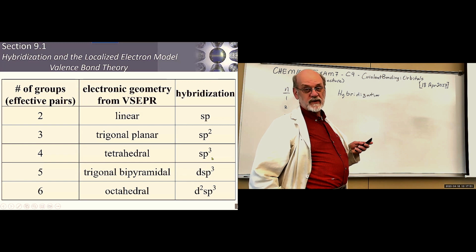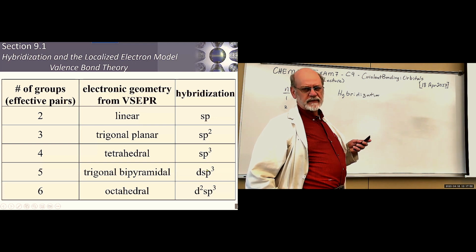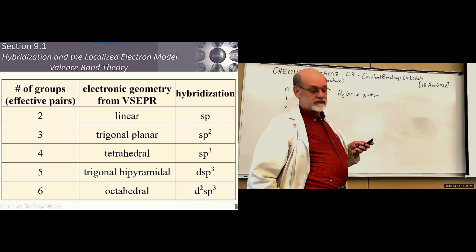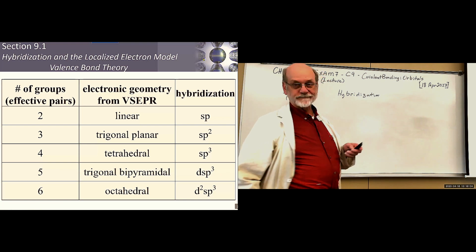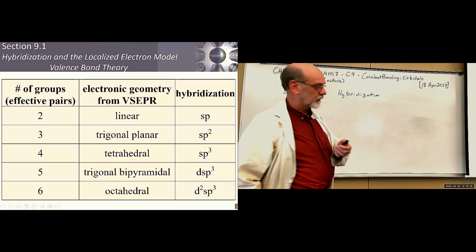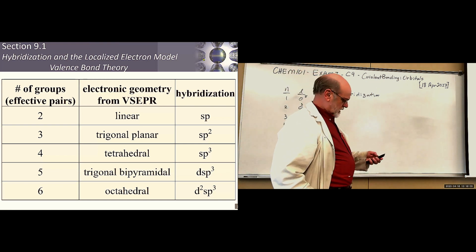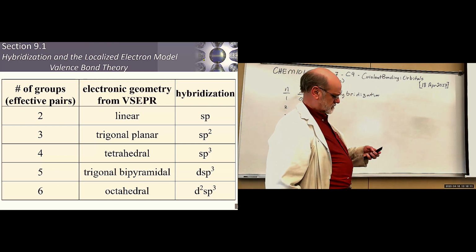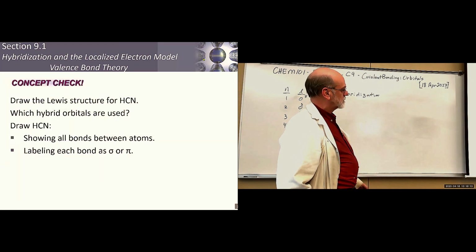Here I need 1 S and 3 Ps, depending on how many effective pairs you have, or groups, I call them groups. And then if you need 5, you just add in a D, or if you need 6, you add in 2 Ds.